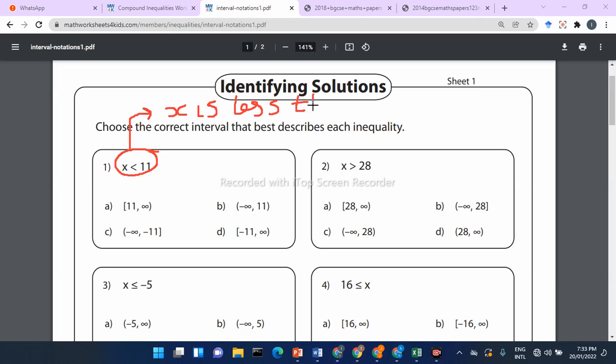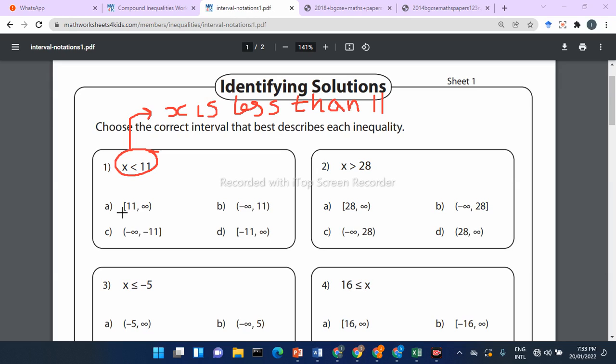So x is less than positive 11. So that's how we read that. That's what this is saying: x is less than positive 11.